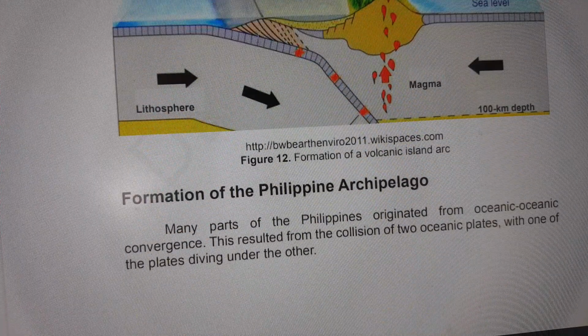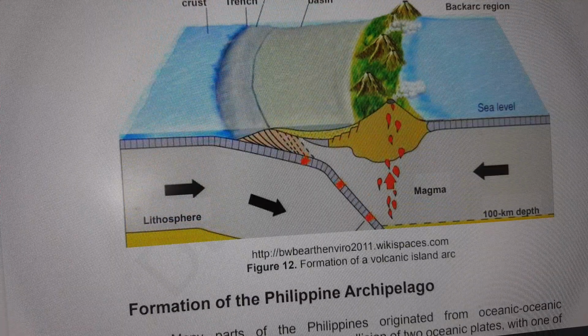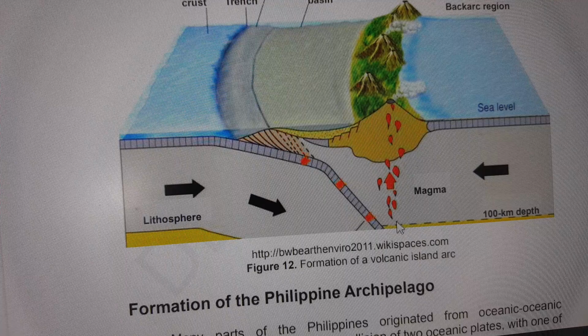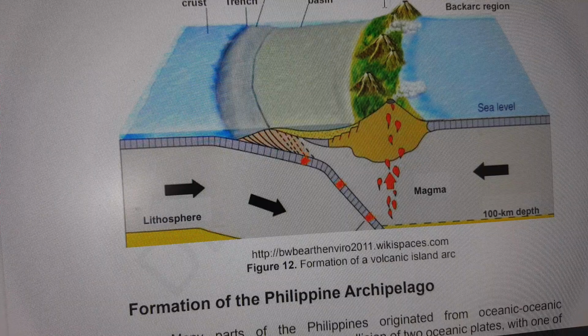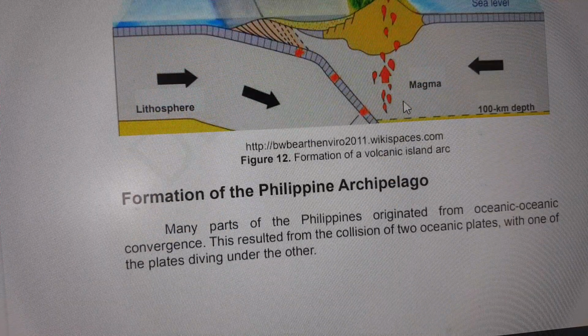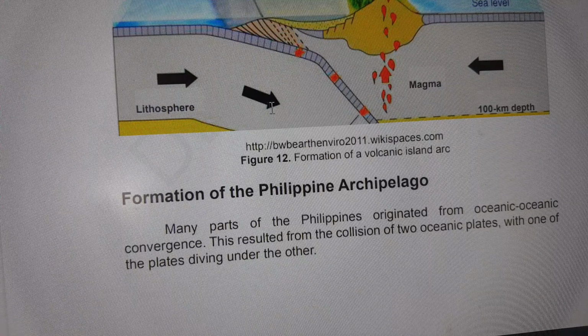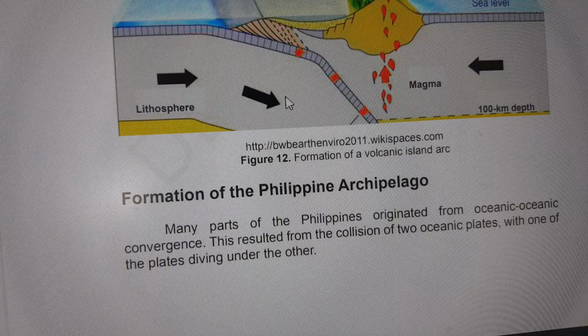Yes, I wanted you to look at this picture, class. This picture shows the formation of a volcanic island arc. How does this volcano form? The lithosphere now, what does lithosphere mean? The land. Okay?